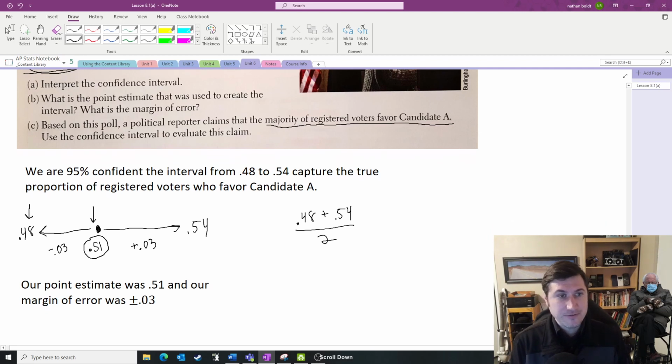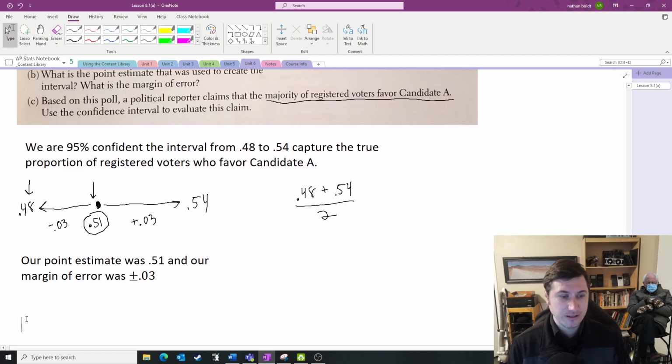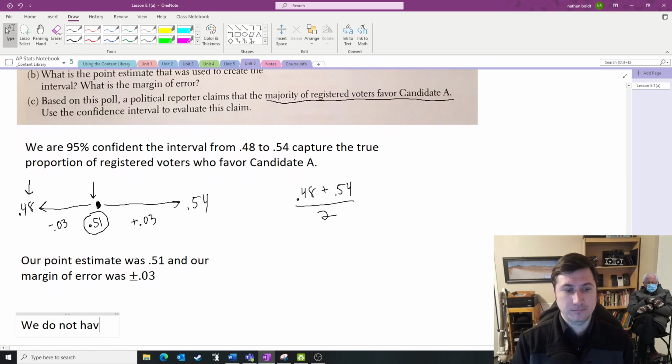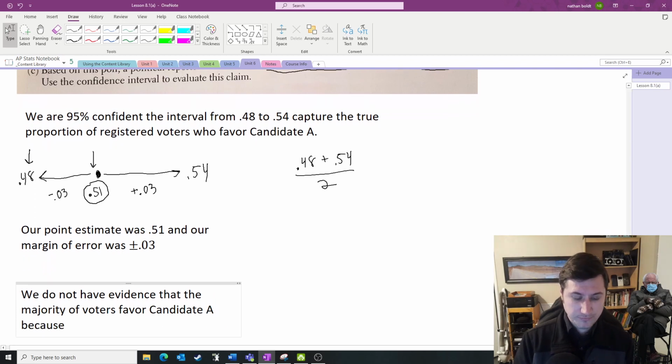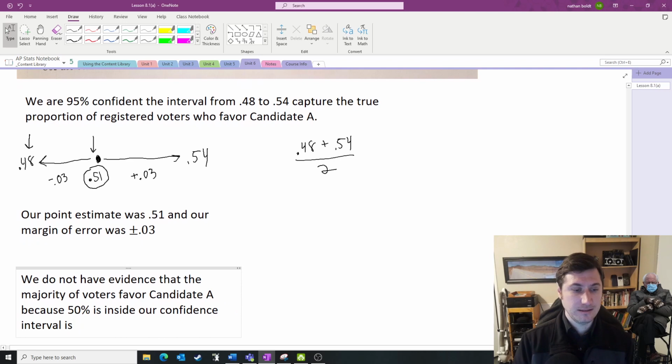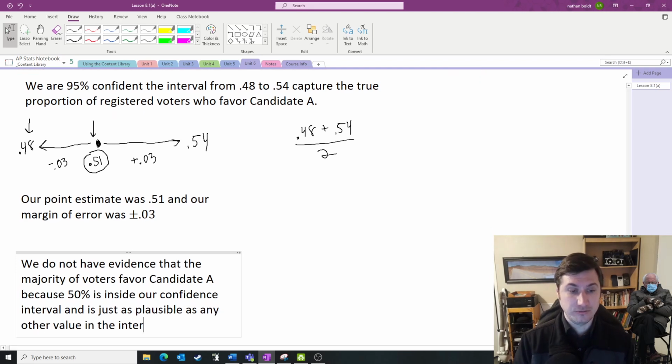So if 50-50 is just as plausible as all the others, we do not have evidence that the majority of voters favor candidate A. Because 50% is inside our confidence interval and is just as plausible as any other value in the interval.